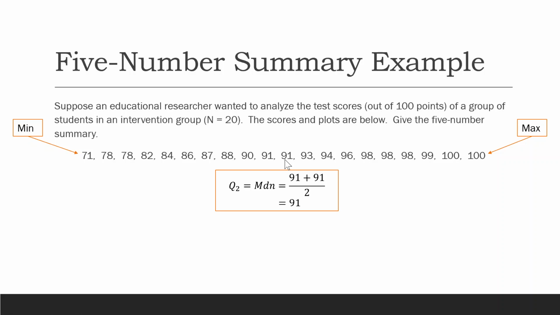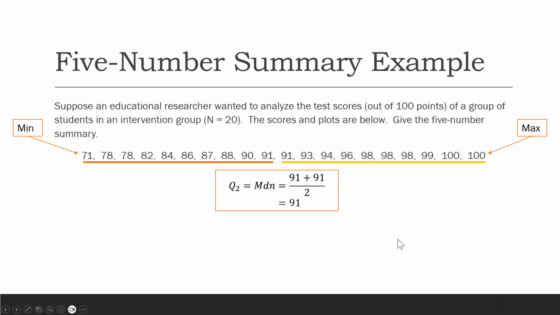All we're going to do is separate the data into 2 halves and include those numbers that gave us the median. This lower 91 is going to go in the bottom half. This other 91 is going to go in the top half. If this were an odd number and my median was just 91, I would remove that and look at the halves separately. All right, so now I have a lower half and now I have an upper half.